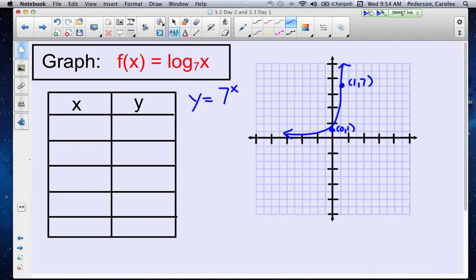If it was 0, 1, and 1, 7, what would be its logarithm then? Ordered pairs. Yeah, 1, 0, and 7, 1.